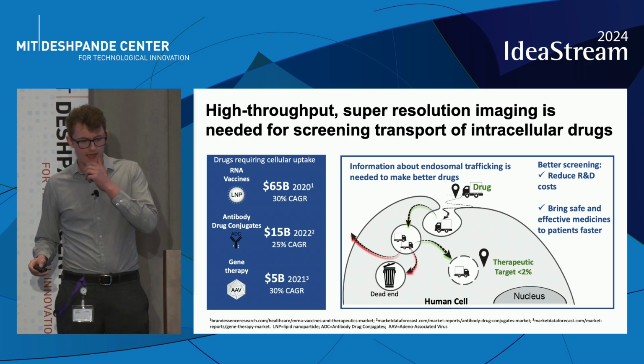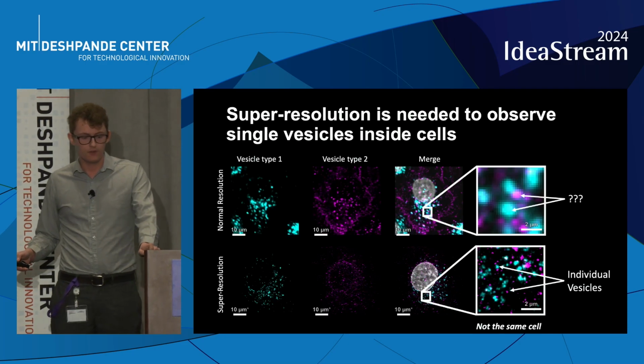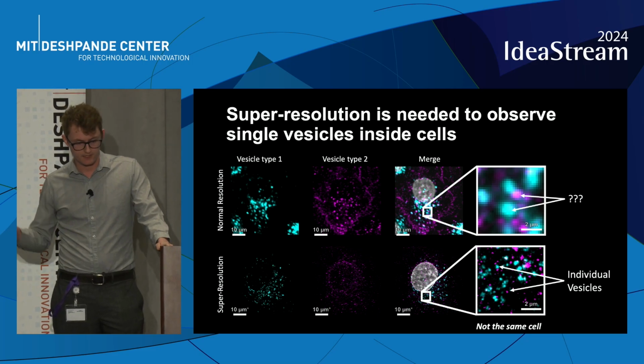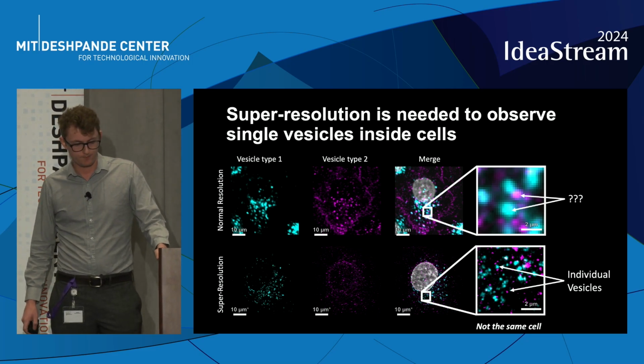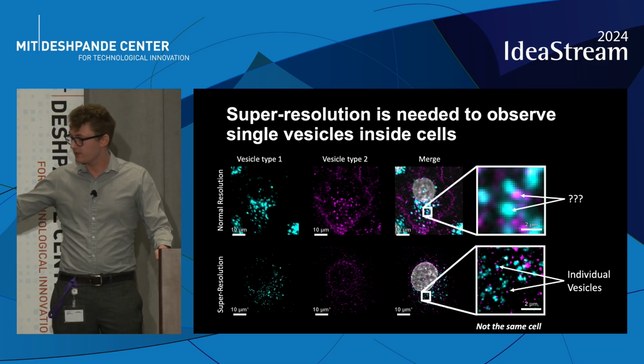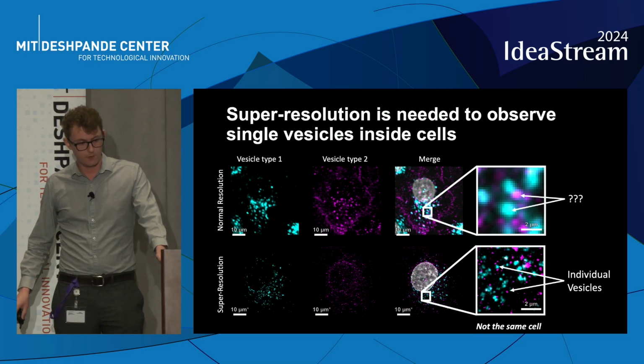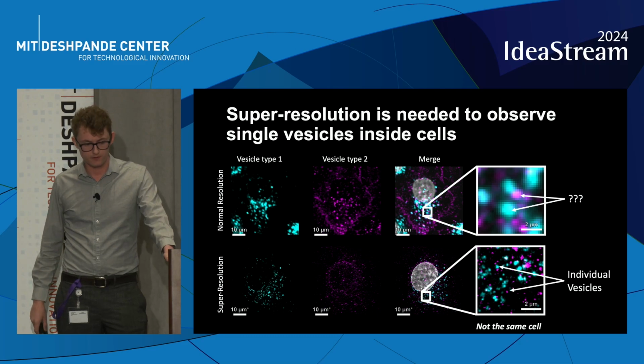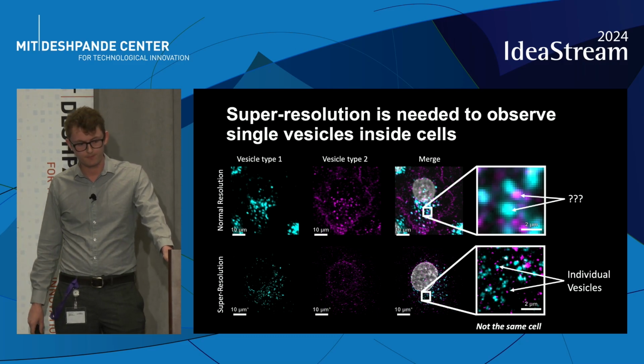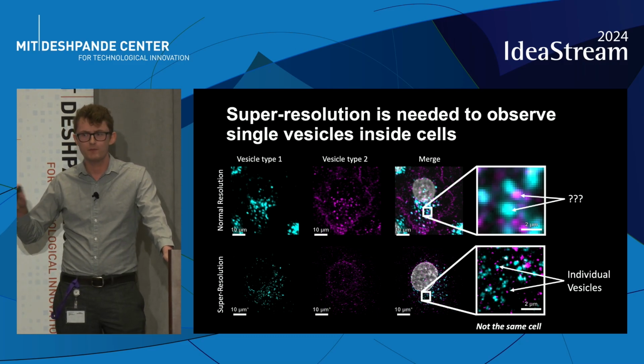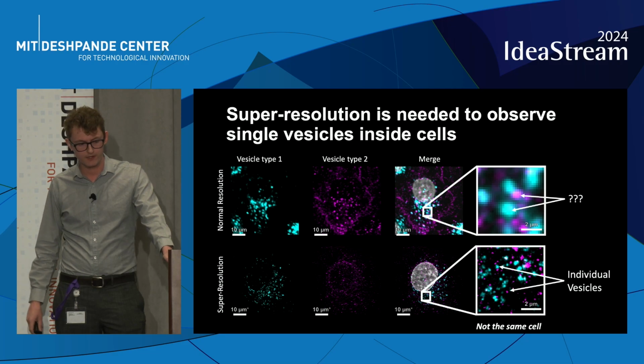And when we take a look at how this process is typically studied, we can see why this process is poorly understood. So what you're looking at is a couple of cells that were imaged before and after the application of our device on the top and bottom respectively. And we're looking at a couple of the building blocks of this highway that I'm talking about inside cells.